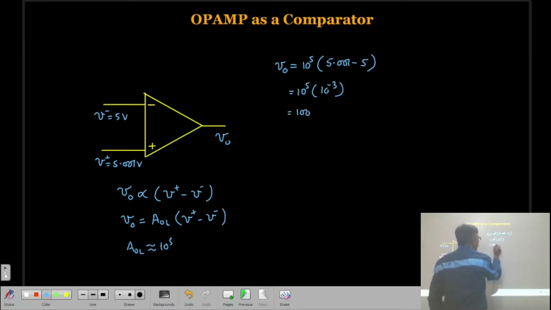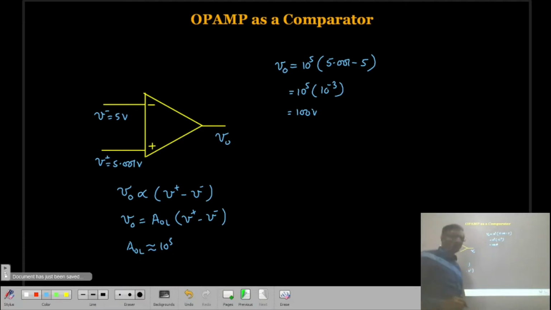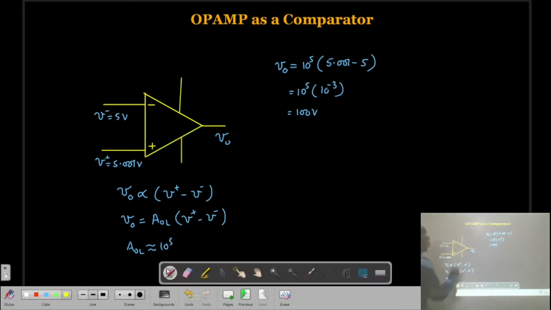So 10 raised to 5 times 10 raised to minus 3 gives an output of around 100 volt. But we know that the supply voltage we apply to the operational amplifier is not very high. The supply voltage is plus 15 volt and minus 15 volt.